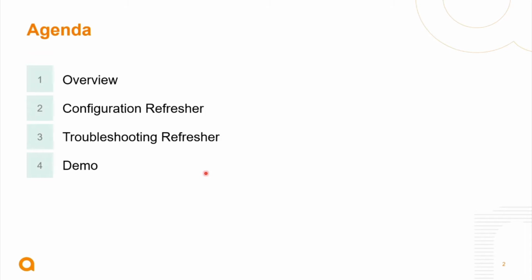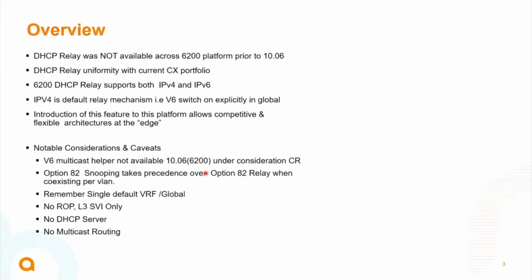So let's dive in. I think there was a lot of demand for this. So we've now got DHCP Relay enabled on the 6200 as of 10.06. Just really bringing feature parity for this feature, and there really was an ask around that. In terms of what it supports, both IPv4 and v6.